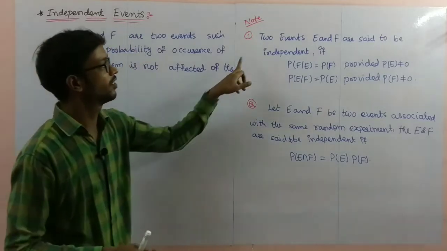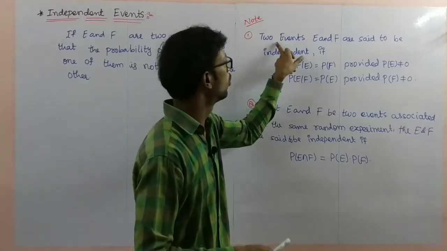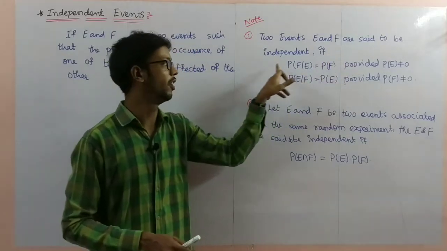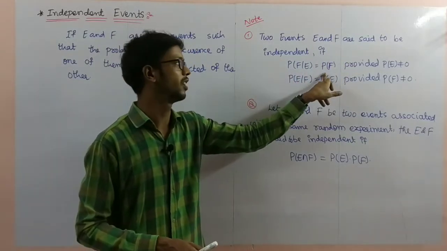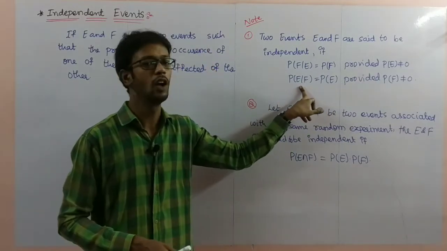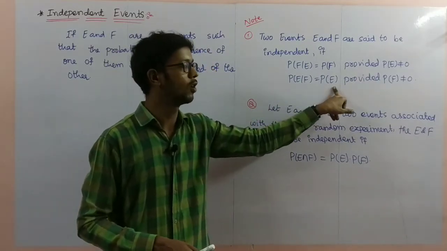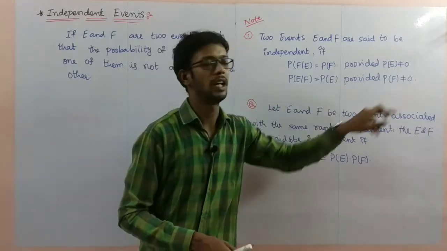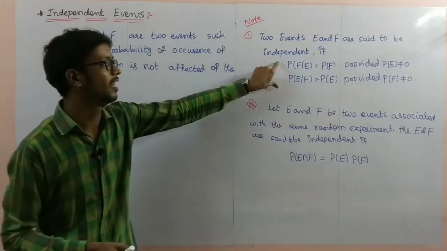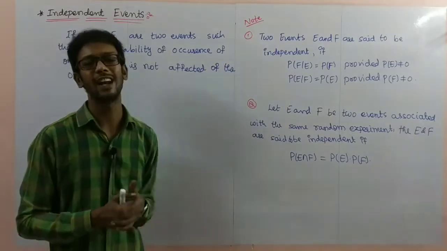Here we can directly see the note points. Two events E and F are said to be independent if P of F by E is equal to P of F, provided P of E is not equal to 0. P of E by F is equal to P of E, provided P of F is not equal to 0. Just as we discussed, if this equality holds, the two events are independent.